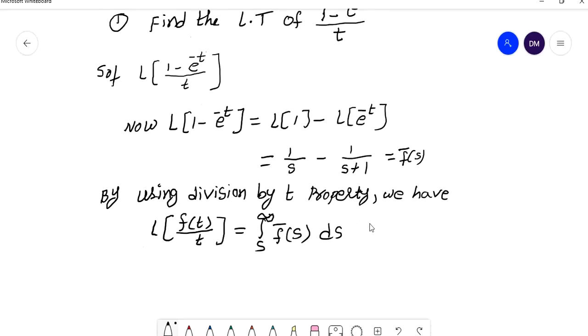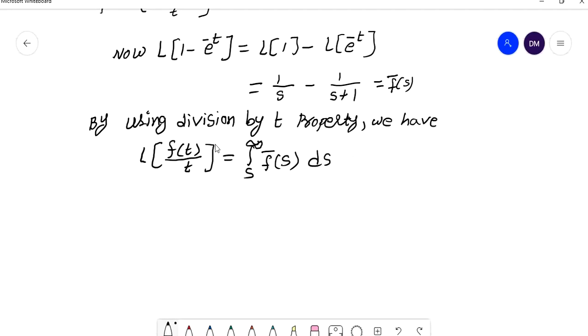Now what is f of t here? In the place of f of t we can write 1 minus e power minus t. Therefore L of 1 minus e power minus t by t is equal to integral s to infinity.